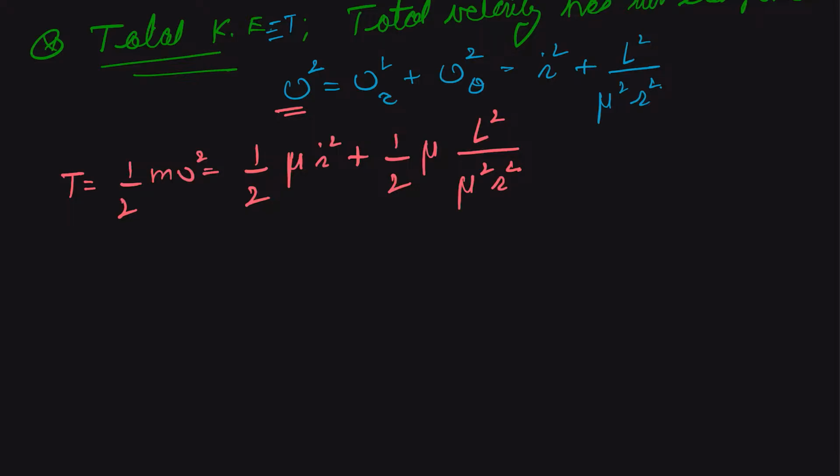We can cancel out this mu, so we get half mu R dot square plus L square upon 2 mu R square.